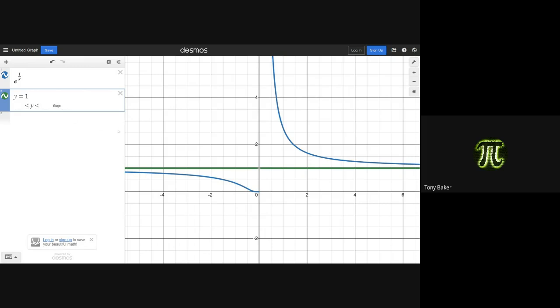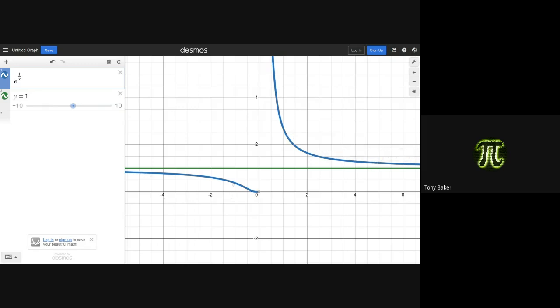So there's my asymptote. It's going to infinity as it's getting closer to 0. It's going to 0 on this side. That's concave up, right? There's no mins or maxes or anything else over there.